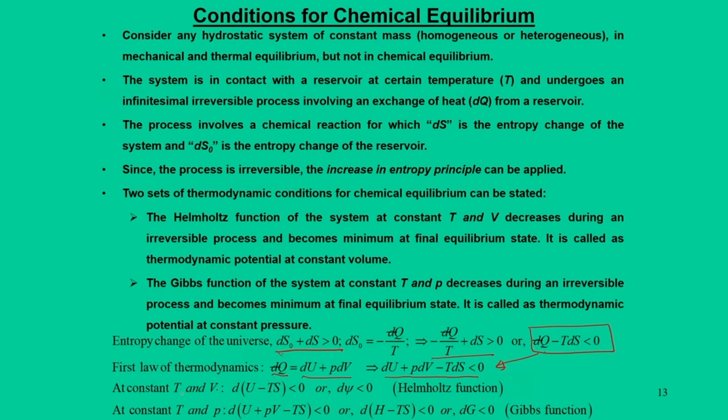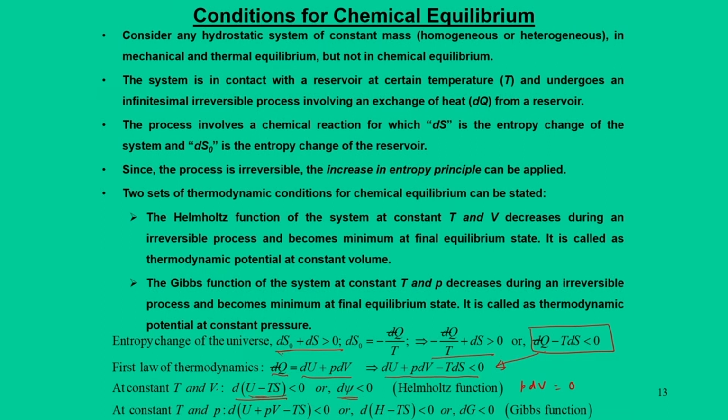For constant temperature and volume, PdV is equal to 0, which means d of U minus TS is less than 0, and U minus TS is nothing but the Helmholtz function, so dA is less than 0. So, in a constant temperature and volume system, the change in the Helmholtz function must be less than 0.